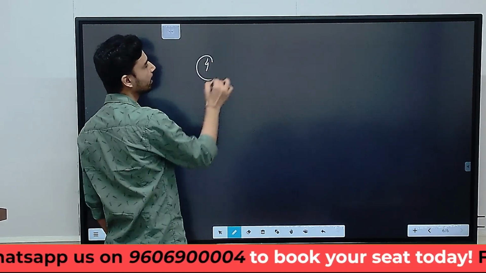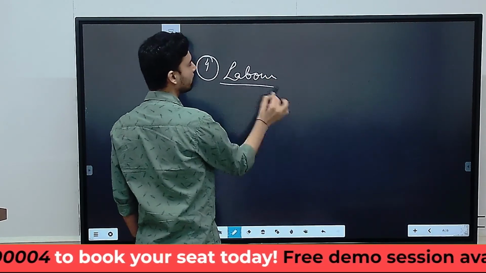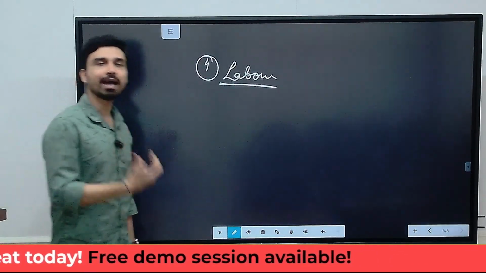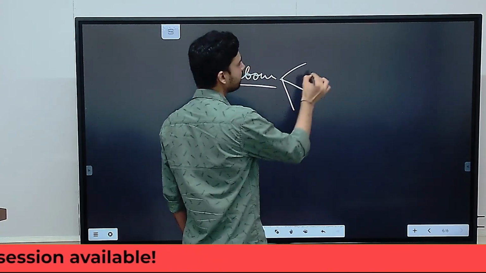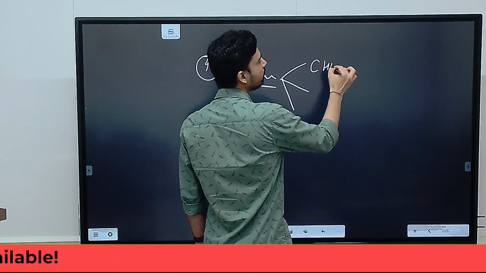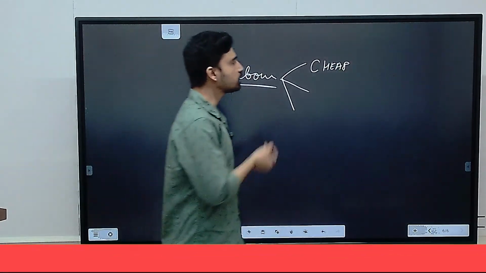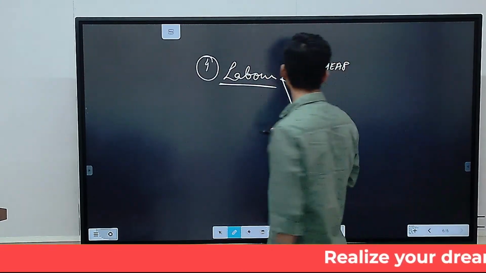Coming to the fourth factor, again a major factor is labor. Now we know that labor is something that we can consider as the backbone of any industries, and we can classify labor. First of all, what kind of labor do industries prefer? Industries prefer cheap labor. Cheap labor means where they have to pay relatively lower wages as compared to other areas.